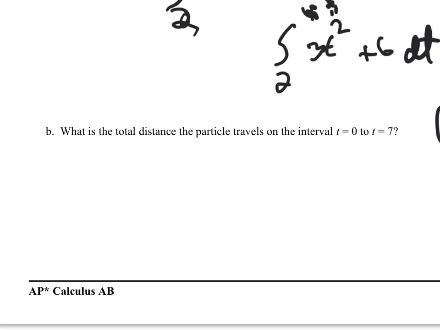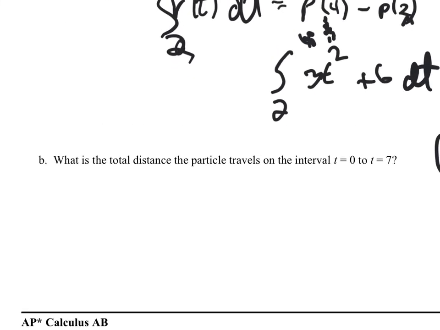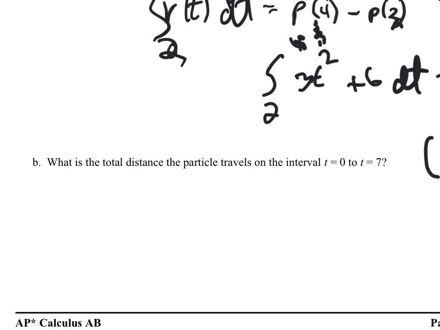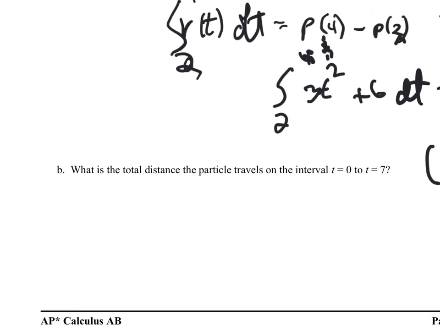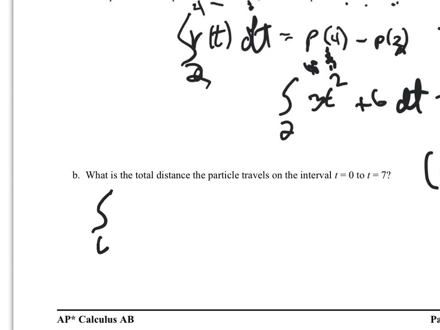Let's try another one. What's the total distance the particle travels on the interval from 0 to 7? 0 to 7, total distance would be the integral of v of t dt. Anything else I need to know? Total distance?